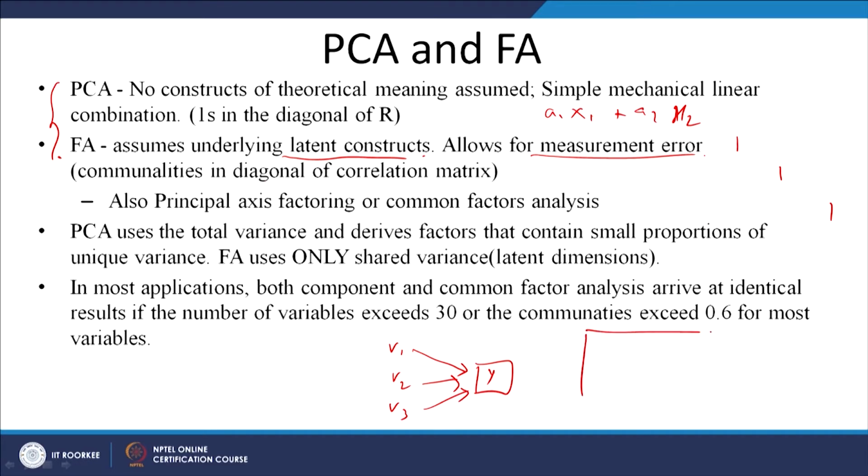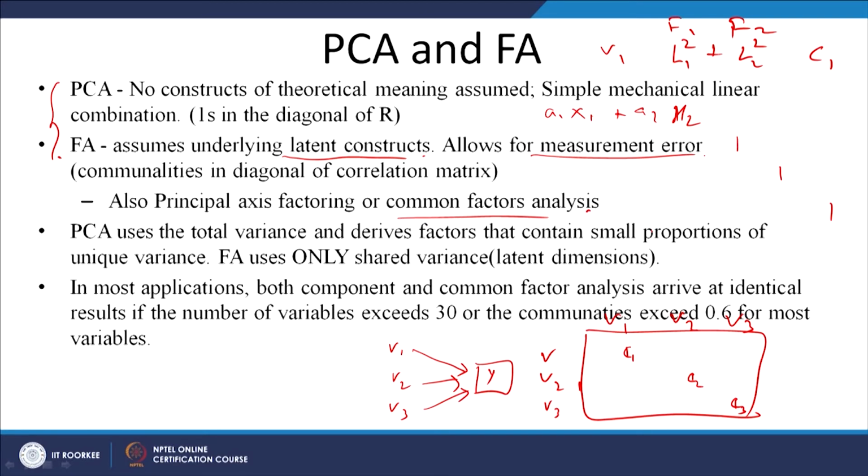So, if you think of a correlation matrix, let us say V1, V2, V3 by V1, V2, V3, usually this is 1, this is 1, this is 1, but in the case of factor analysis, this is not so. Here we will place the communality values, let us say this is C1, this is C2, this is C3. I hope you have understood what communality is.